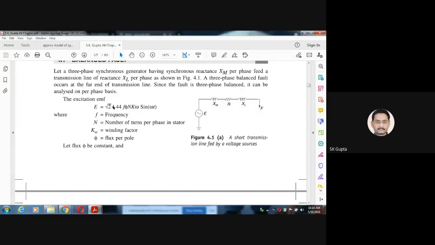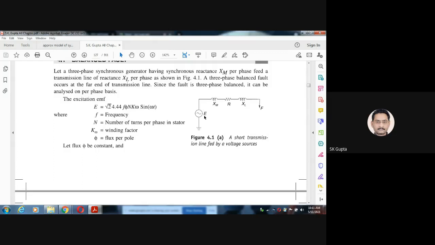In the electrical machine classes of BTech second or third year, we study that the EMF induced here is given by 4.44 f phi N K. K is the winding factor, and omega is the angular speed of the rotor. N is the number of turns in the stator winding. f is the frequency. Phi is the flux. So this is the EMF produced.